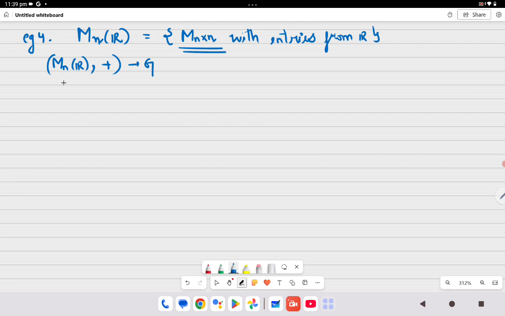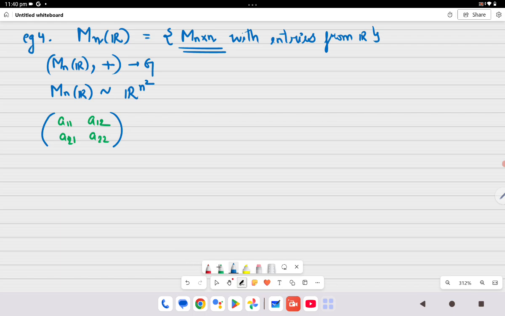Okay, now the question is how it becomes a topological space. So you must be knowing that M_n(R) I can identify with R^(n squared). Let's say for example I have a 2 cross 2 matrix. Okay, so this is a11, a12, a21 and a22.